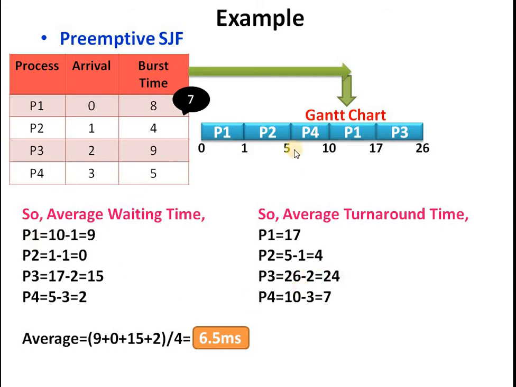And last, P4 has a turnaround time of 10 and its arrival time is 3, so 10 minus 3 is 7. Now take the average of this: 17 plus 4 plus 24 plus 7 divided by 4, which is 13 milliseconds of total average turnaround time.